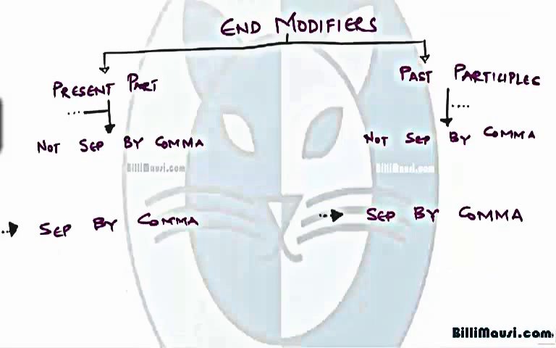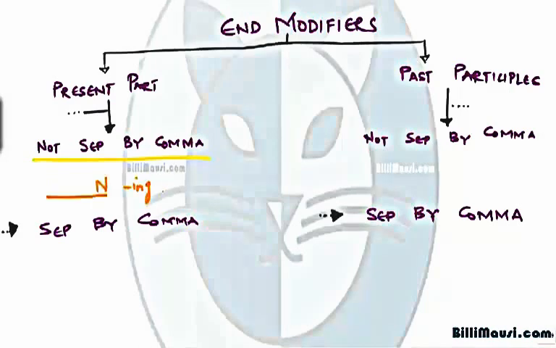End modifiers. I have categorized them into present participle and past participle, those modifiers which are introduced by present participle and past participle. Those modifiers which are introduced by present participles not separated by a comma, so let's draw the diagram here.